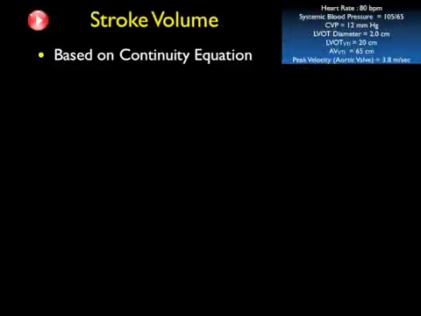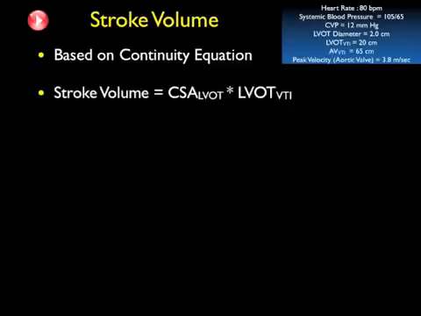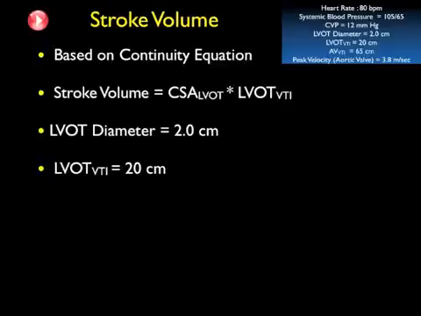Stroke volume calculations are accomplished using the continuity equation as discussed earlier. We have the VTI of the LVOT as 20 centimeters, so we just need to calculate the cross-sectional area of the LVOT to multiply with the VTI as measured.